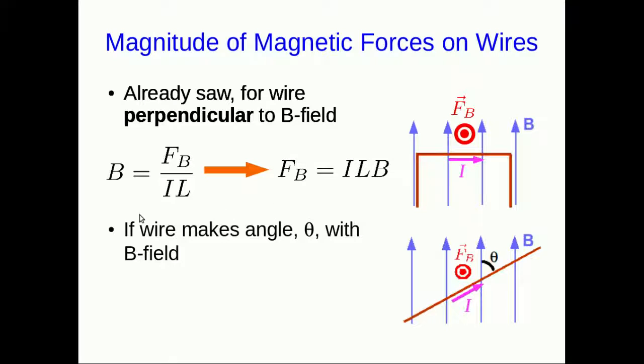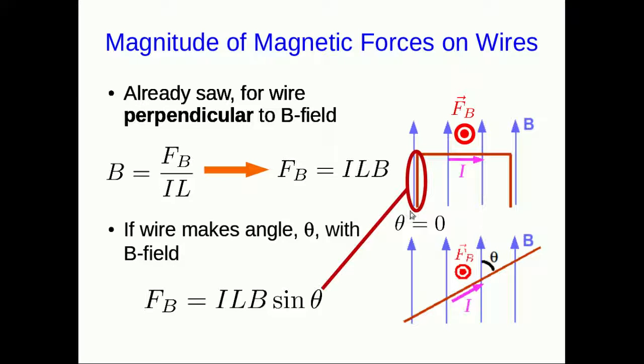And so let's look at what happens when the wire more generally makes any old angle theta compared to the B field. Then the magnetic force magnitude is the same expression but times the sine of theta. Notice, in this case, with a wire parallel to the B field, theta is 0, and sine of 0 is 0.